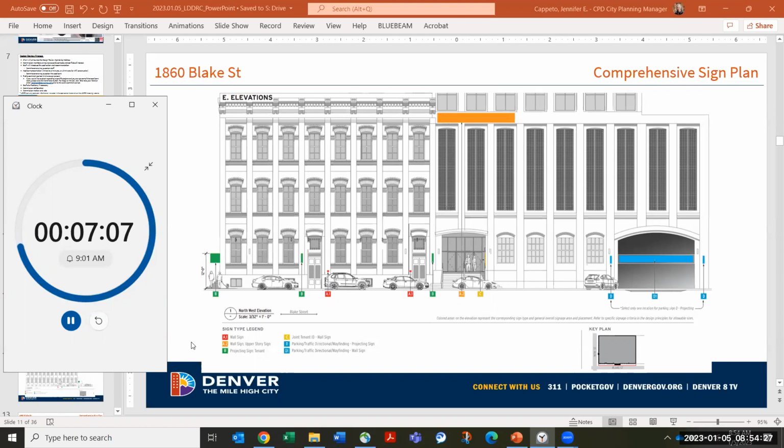Other points of interest on this elevation are the projecting signs that you see in green, the B type. A tenant would be allowed to have one near their entry, and they would pick one of those, and that would be the one on 19th on the left side that we're seeing there in this Blake Street elevation.